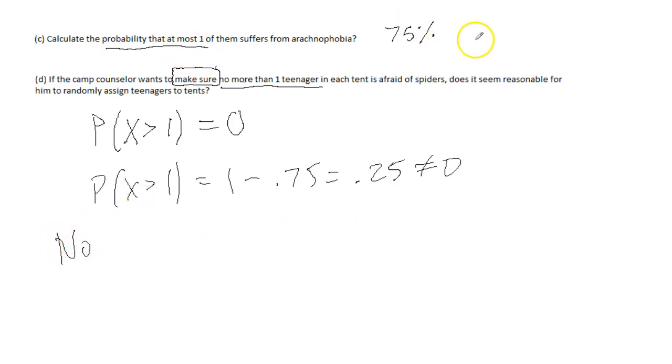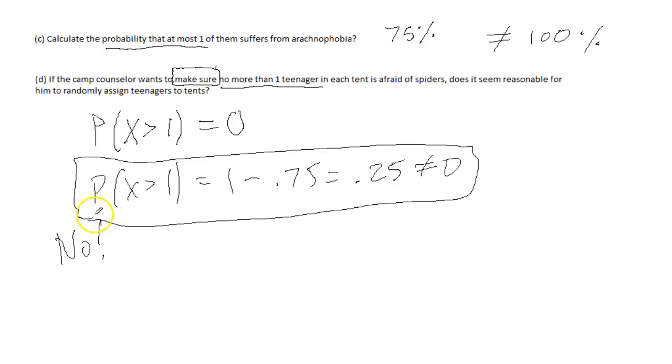If part C is not equal to 100%, and you want to make sure, meaning guaranteed 100% chance, then if this is not 100% for C, then this is going to be no for D. So hopefully you can use this logic here to explain why D is false, or the answer is no, that we do not want to use a random assignment.